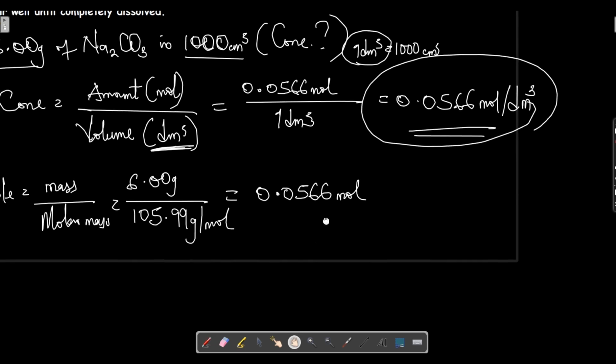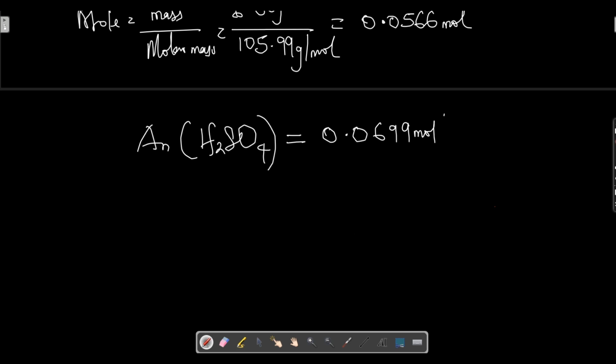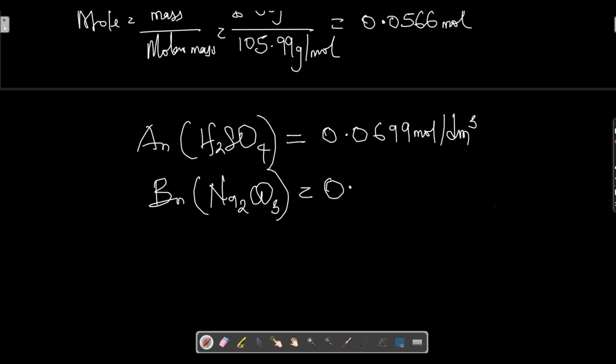So in summary, our An, which contains our tetraoxosulphate 6 acid, has a final concentration of 0.0699 mole per dm cube, and our Bn, which contains sodium trioxocarbonate 4, has a final concentration of 0.0566 mole per dm cube.